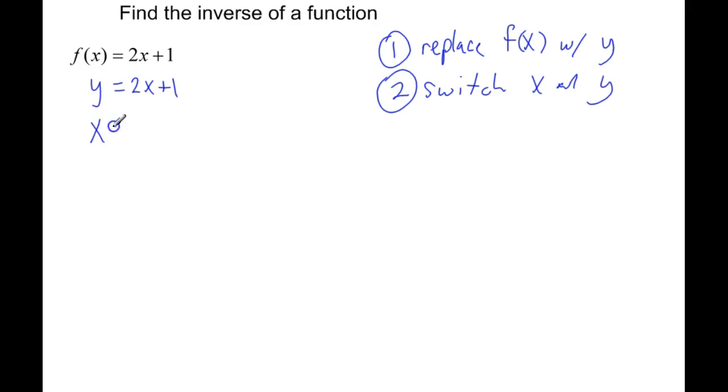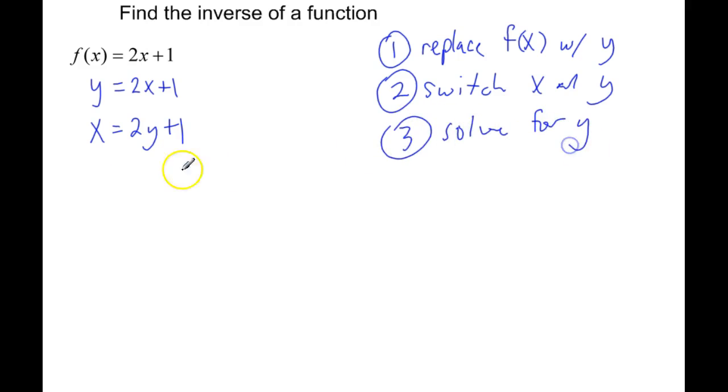So this will be x equals 2y plus 1. Now we want to solve for y. Take a couple steps. X minus 1 equals 2y, divide by 2, divide by 2. I get y equals x minus 1 divided by 2.